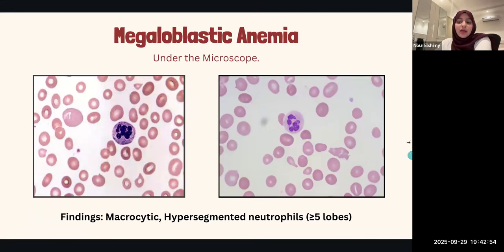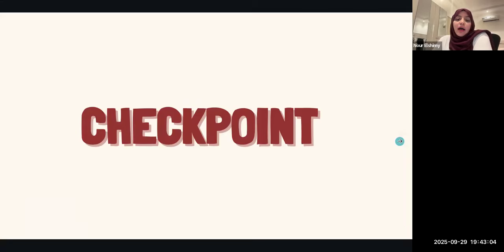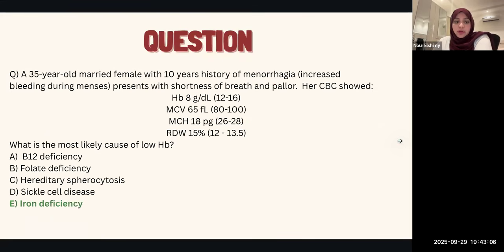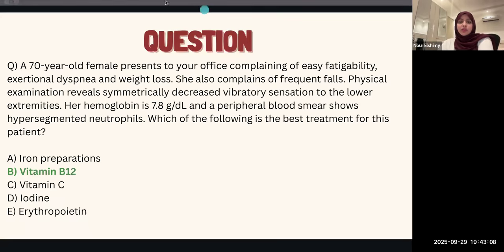Hypersegmented neutrophils are a very unique identification for megaloblastic anemia. Whenever you find this, you just know this is megaloblastic anemia due to B12 and/or folate deficiency. Okay. Is the question clear?